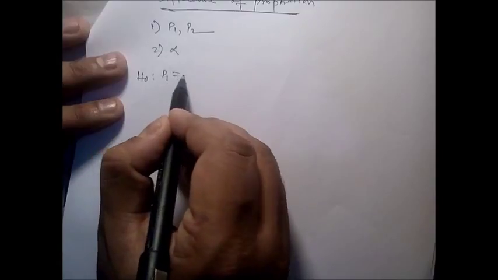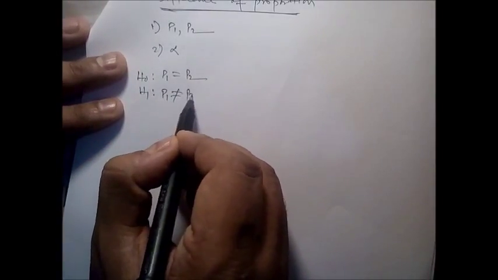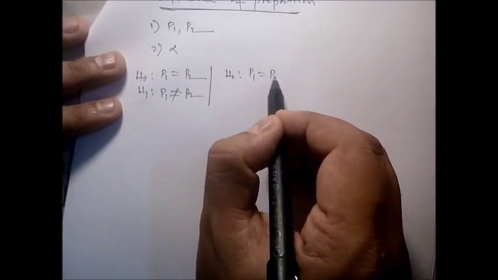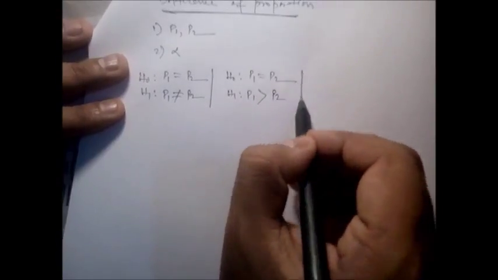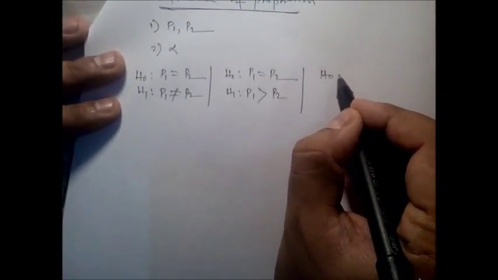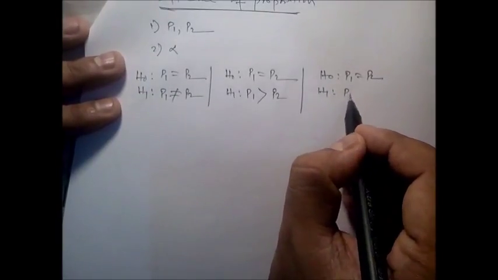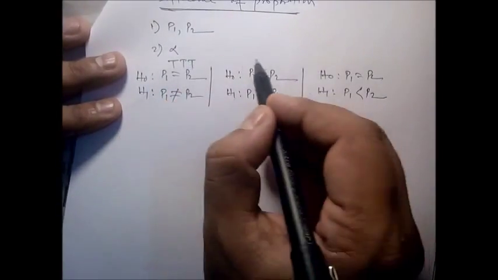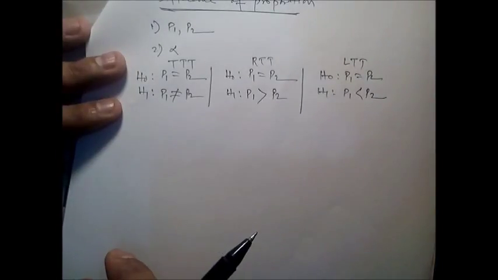For two tail test, H0: P1 is equal to P2 and H1: P1 is not equal to P2. For right tail test, P1 is equal to P2, P1 is greater than P2. For left tail test, P1 is equal to P2 and P1 is less than P2.